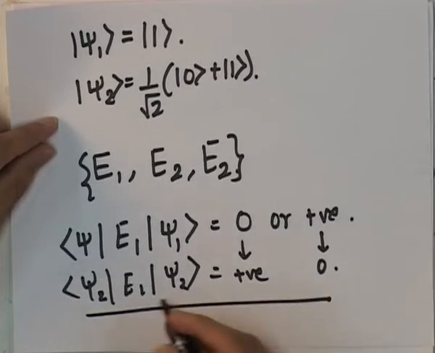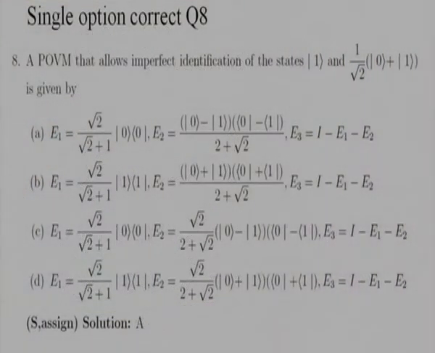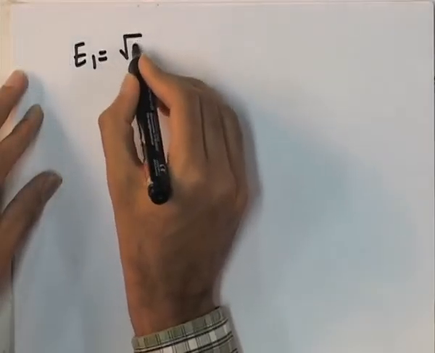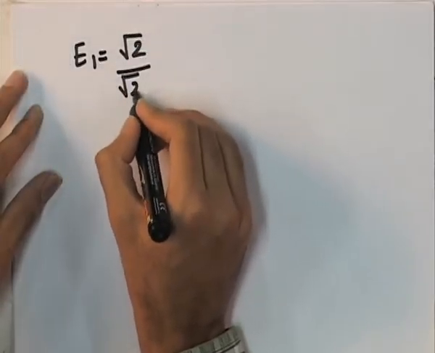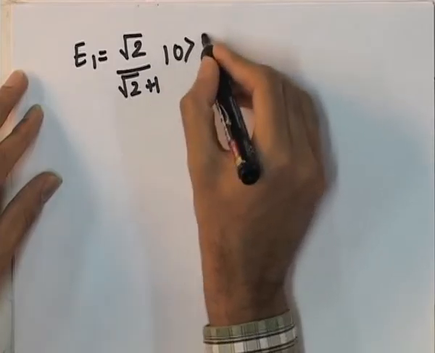This happens for both E1 and E2. So let us directly check the correct answer, which is option A. So option A gives E1 equal to 0.